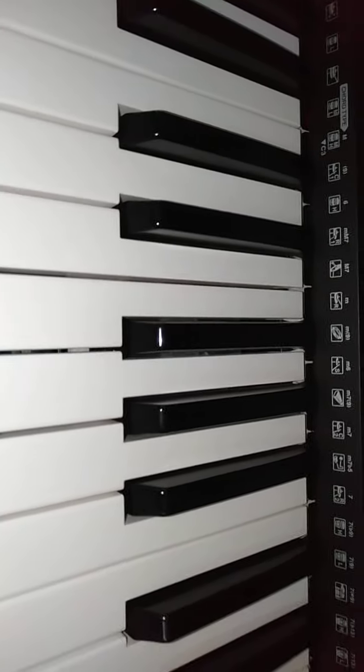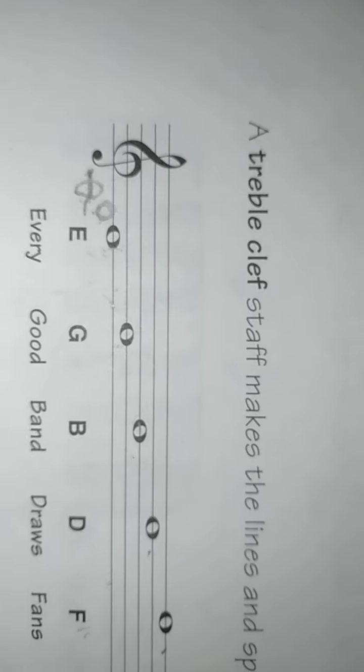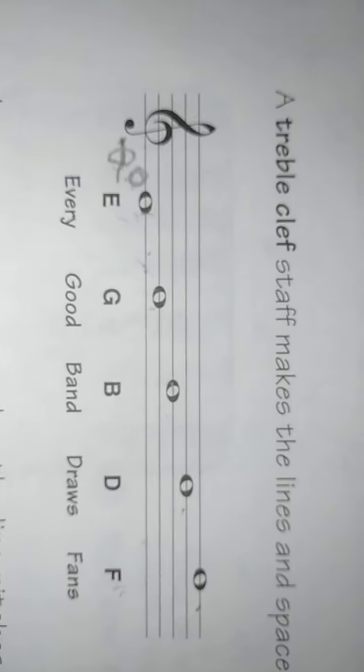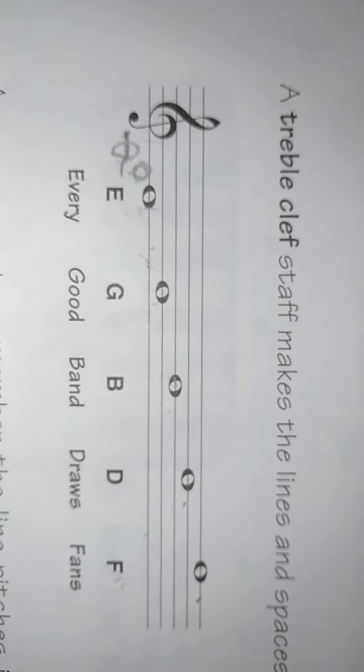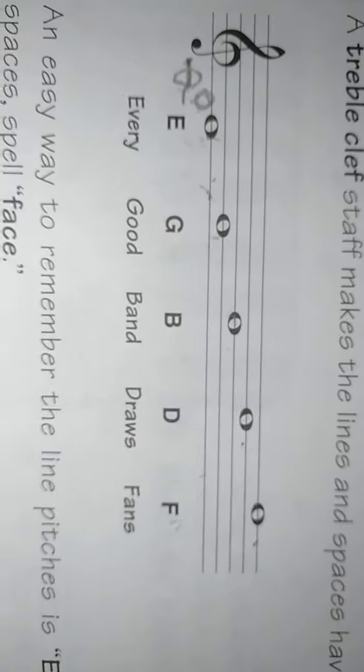Now, when you look at music which is written, music is written on 5 lines. These are the 5 lines on which music is written. These 5 lines together are called a stave. Always you will find all music written on 5 lines, not on 1 line or 2 lines or 3 lines.